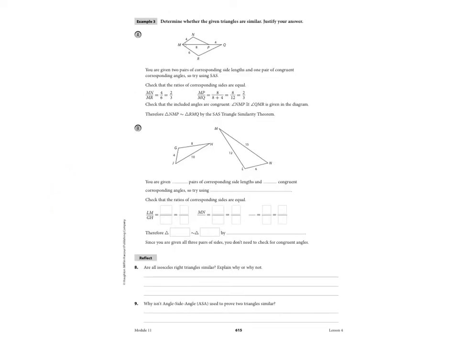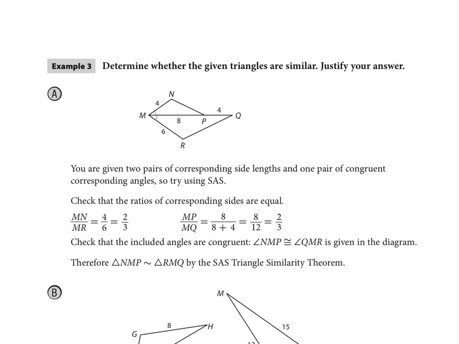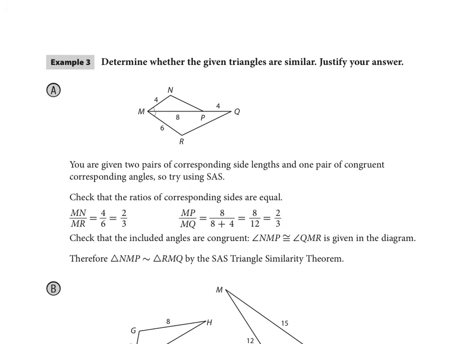Alright, you guys, I'm on page 615 right now and we're going to work through example 3's part A and part B here. Example 3, we are asked to determine whether the two given triangles in this diagram are similar, and we are asked to justify our answer.